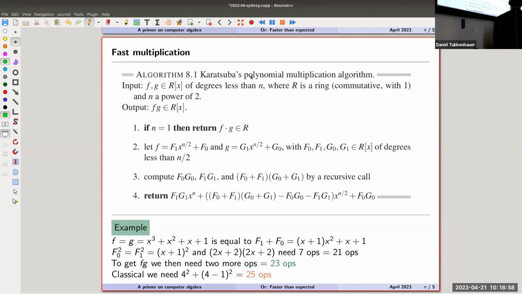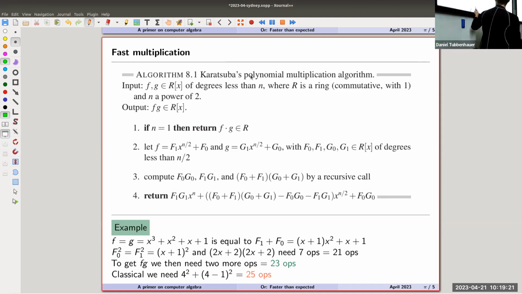So doing the grid, 3 plus 4, okay. Then you have the first thing the same, the first thing the same, and you will save operations. It doesn't really matter. You save operations.